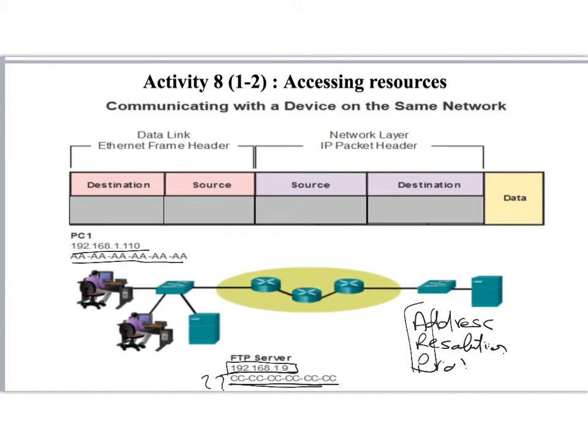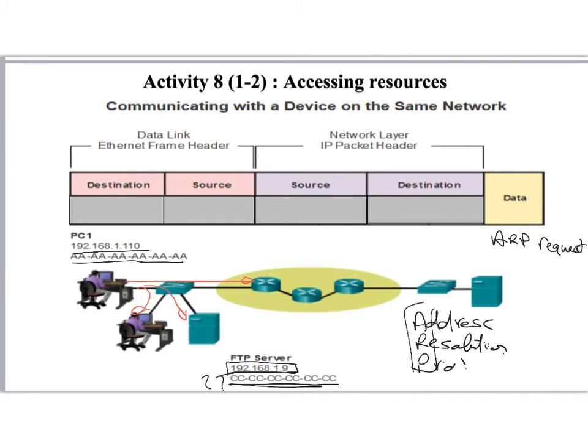Okay? So what I need to do is to send what we call an ARP request. This ARP request gets sent over this LAN, so it gets sent like this. It's like I'm asking the entire class, who has the IP address 1.9?